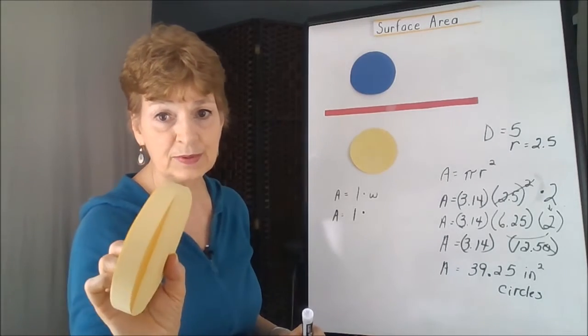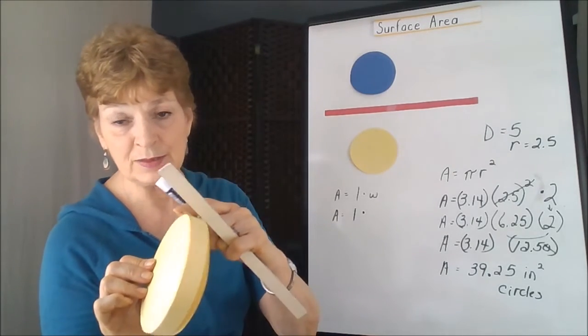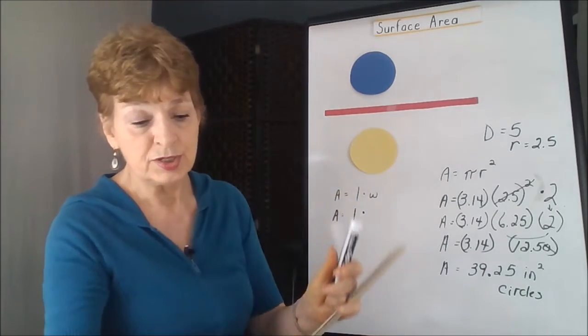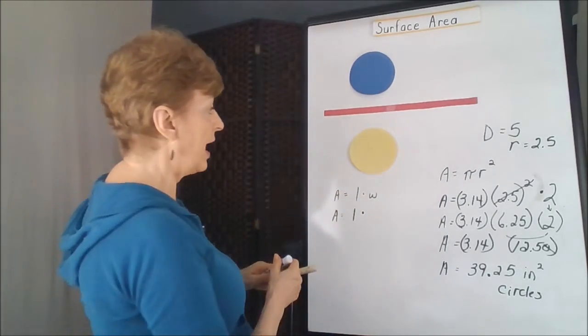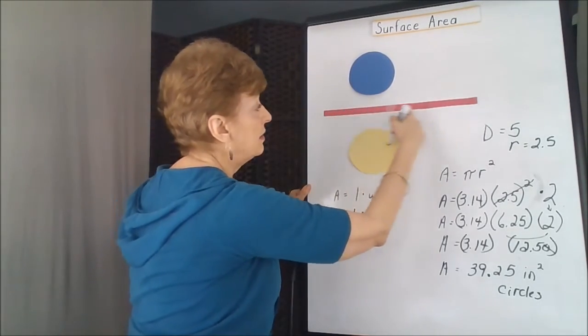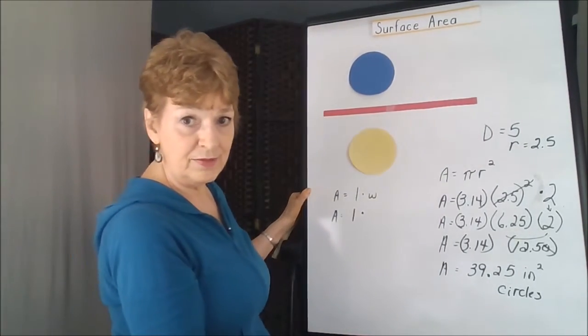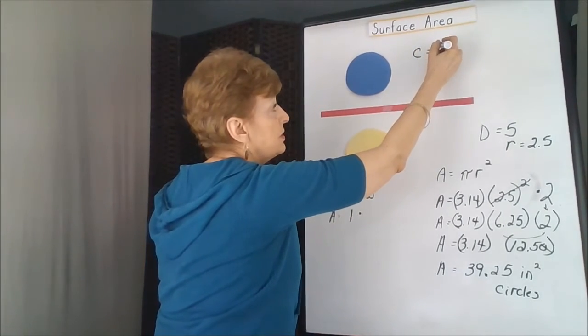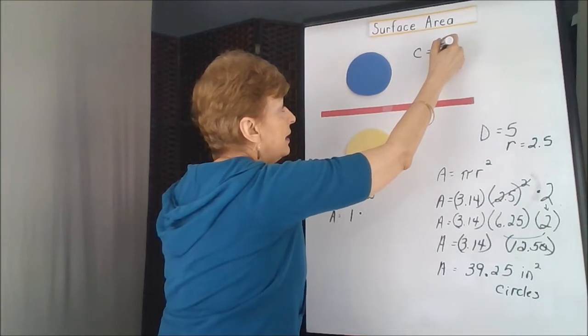Here, I'll show you on this one. See that yellow tab? This was the circumference of the circle. So we can actually figure out the circumference of the circle, and that will give us the length of the band around it. So the circumference was equal to pi d.